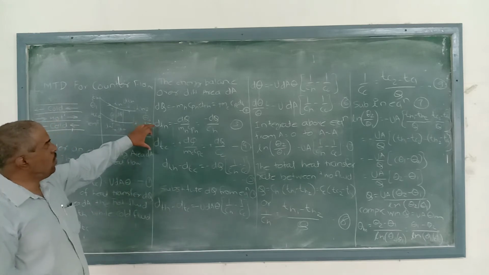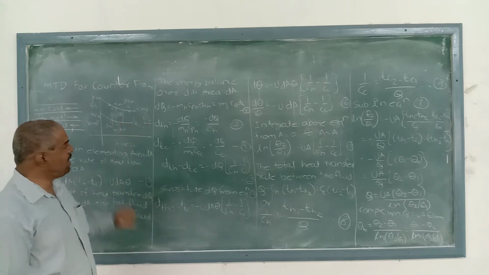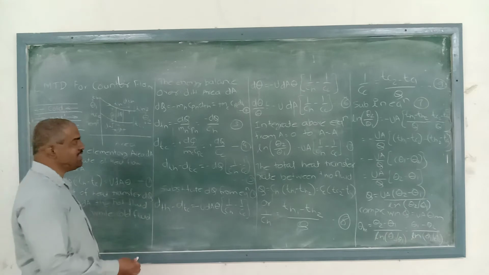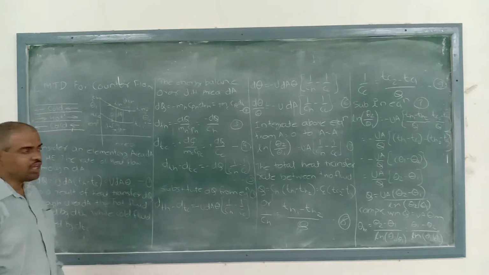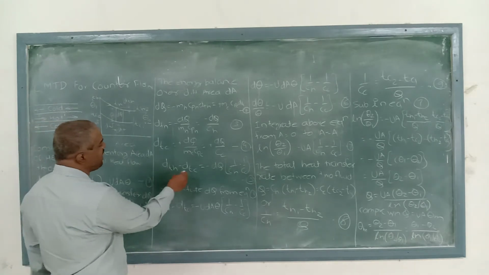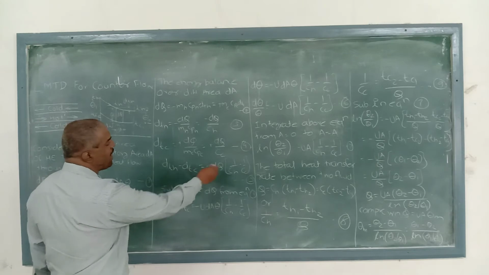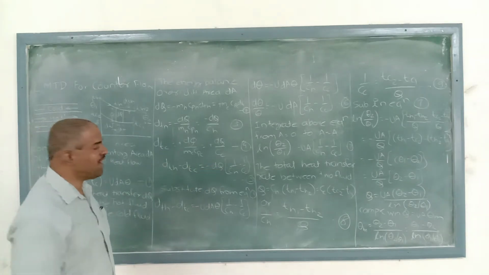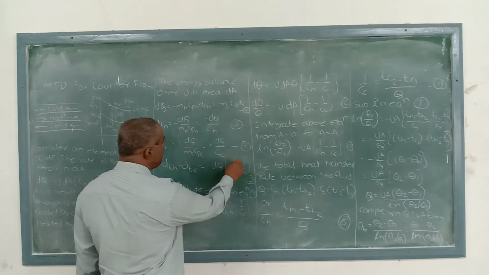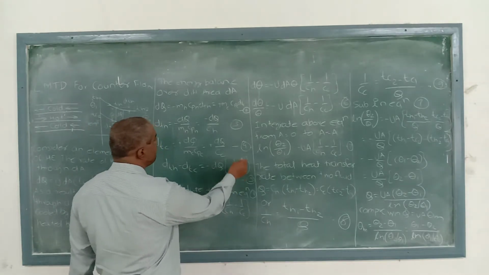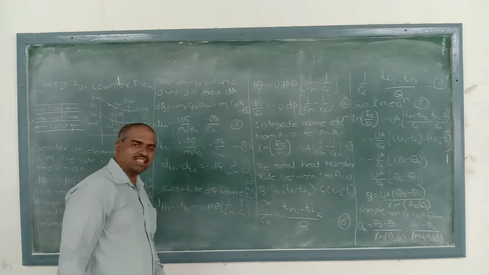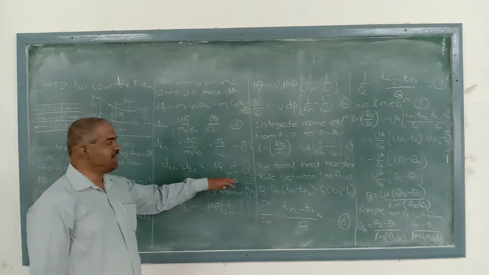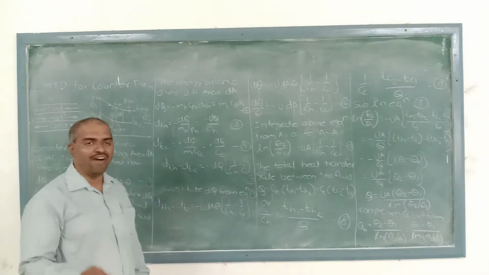As we know dTh and dTc, we are taking the difference between these two equations. So dTh minus dTc is equal to minus dq. We are taking it common outside the bracket, and the remaining term is 1 upon Ch minus 1 upon Cc. We are calling it equation number 5.